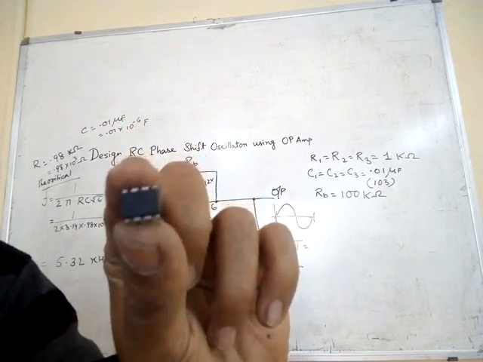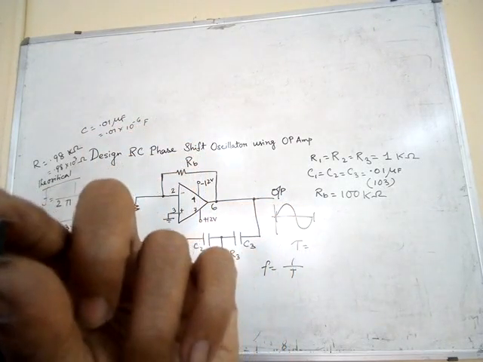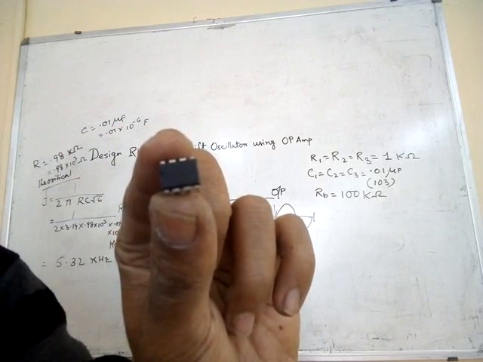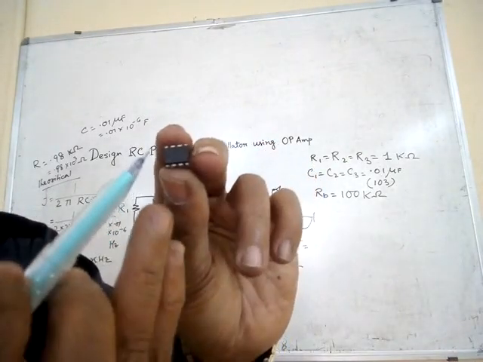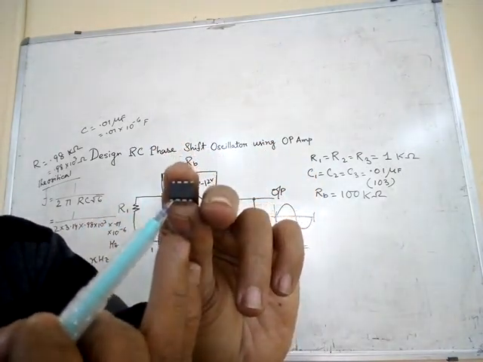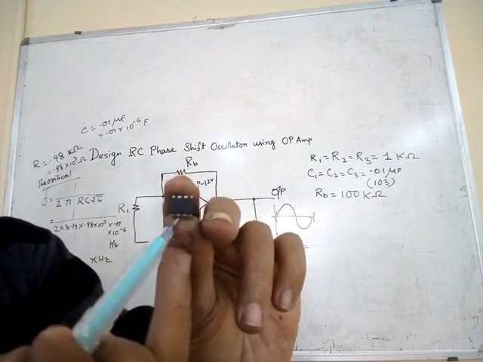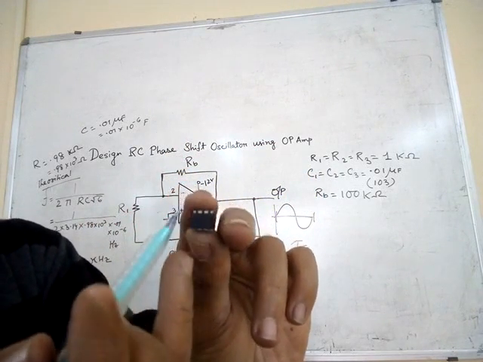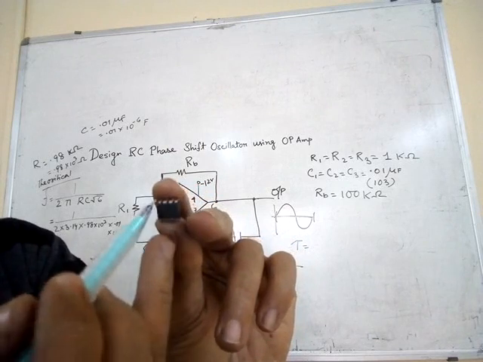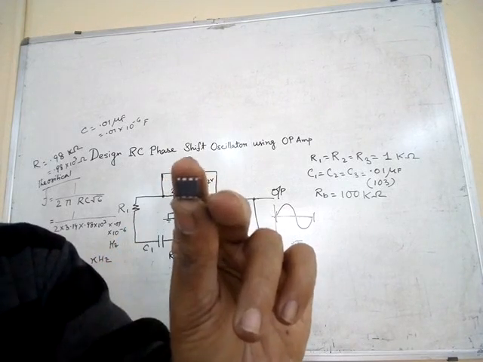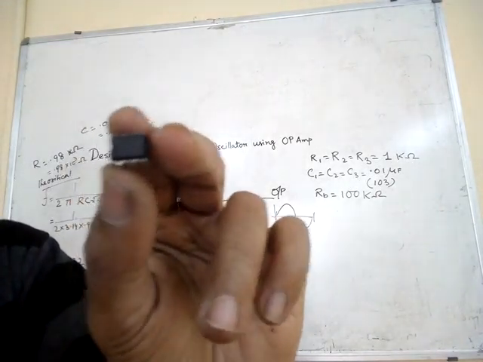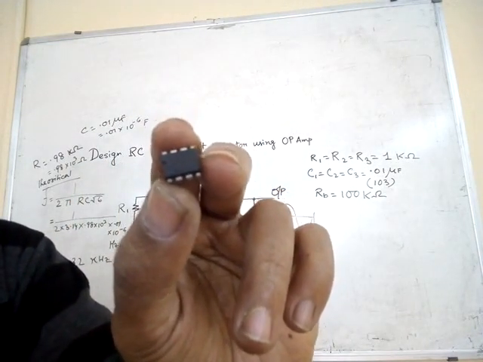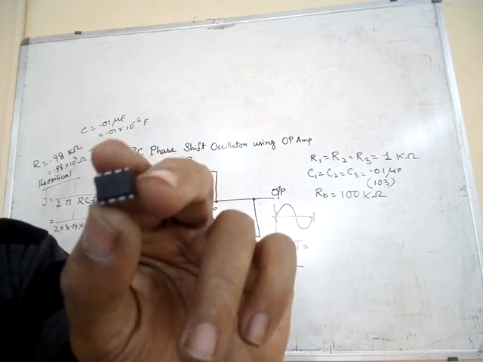You have to keep the notch on your left side, and below the notch, that is here, you count anti-clockwise, that is 1, 2, 3, 4, 5, 6, 7, 8. So from pin number 6 we get the output, and pin 3 is ground as per the circuit. So this is 741, that is the opamp.